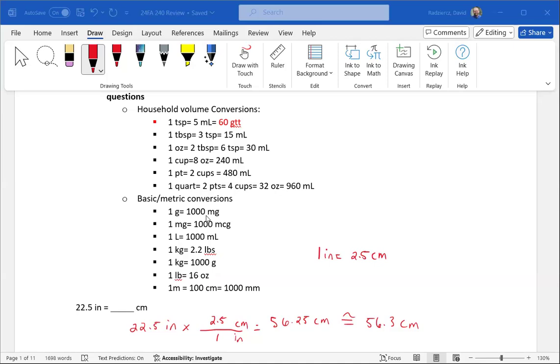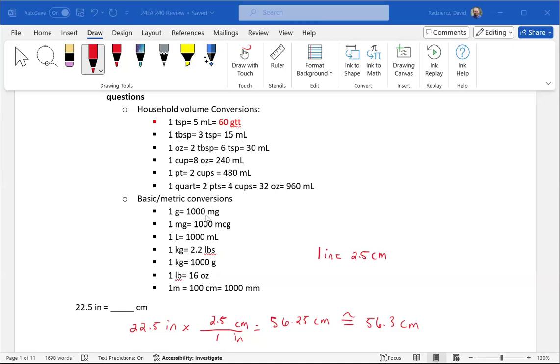But whenever you go from different units of measure, you probably are going to end up needing to round. So if you go from pounds to kilograms, or cups to milliliters, or ounces to milliliters, you might need to round. Usually that's not the case because ounces to milliliters is a whole number, 30, but pounds to kilograms is 2.2.